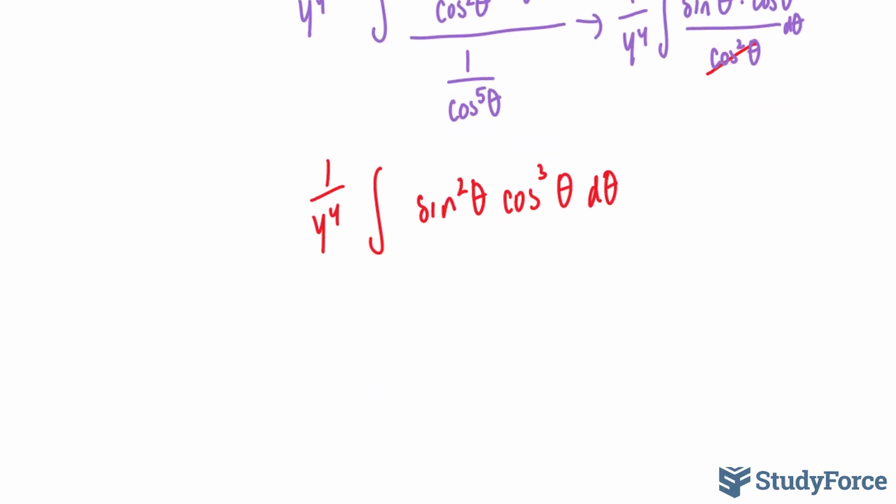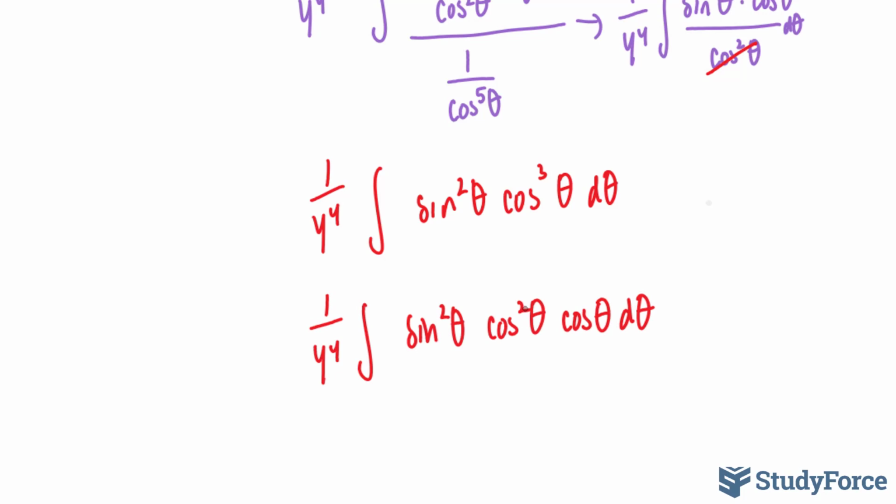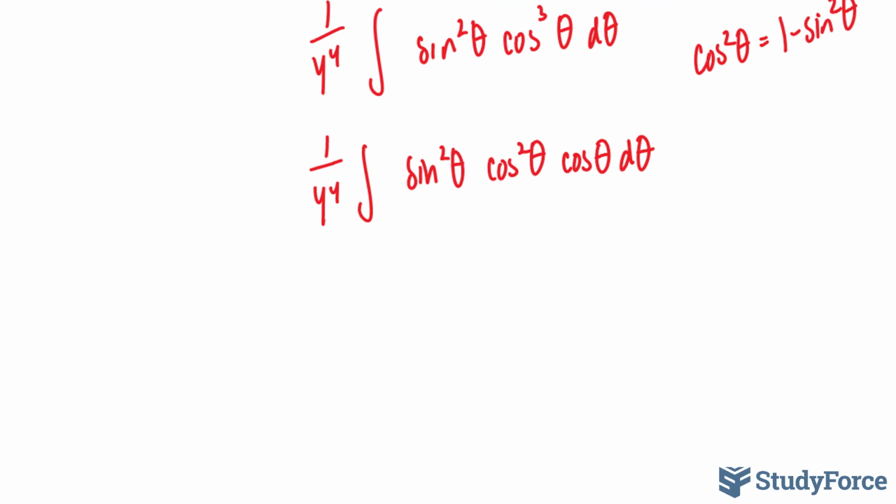What you have to do now, because we have two trigonometric functions being multiplied together and we have to find their integral, and I do have a video dedicated to this, is what we did in one of our videos: we split up cosine to the power of 3 theta into cosine to the power of 2 and cosine. So I'll do that here. Cosine squared theta, we use this identity, 1 minus sine squared theta, so I can replace this now with 1 minus sine squared theta.